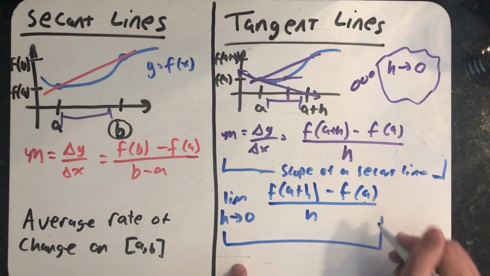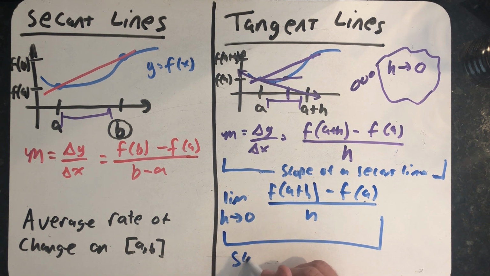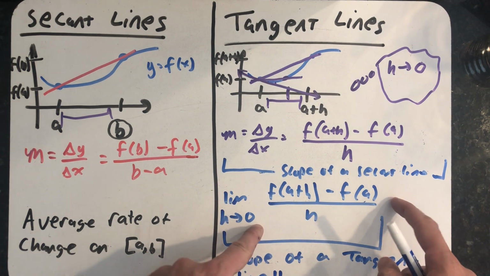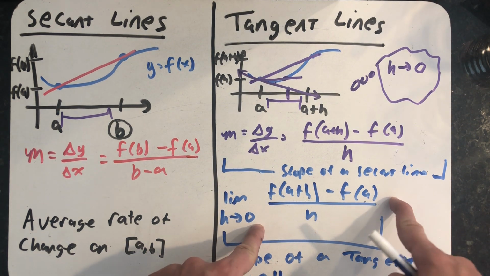If I can evaluate this limit, it gives me the slope of a tangent line. So if I was defining the slope of a tangent line, I would say it's this expression provided this limit exists.